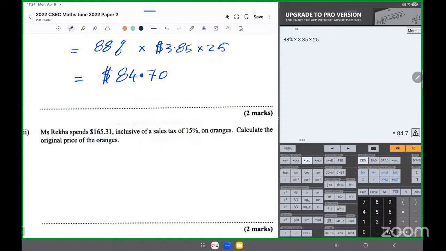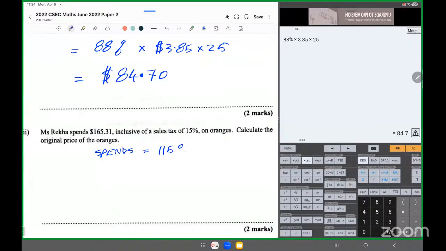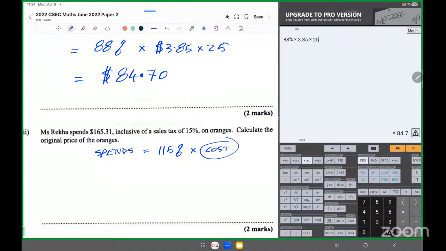Let's set it up this way. The amount she spends is equal to 115% times the cost of the oranges, and you're trying to find the cost. Simple as that, because the amount she spends includes the tax, and the tax is 15%.